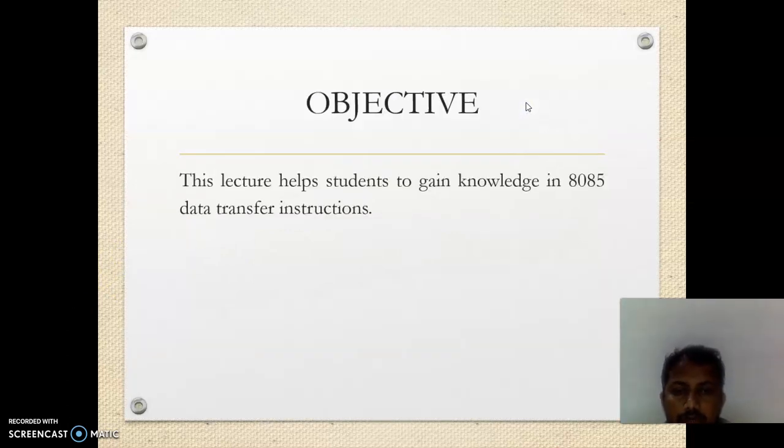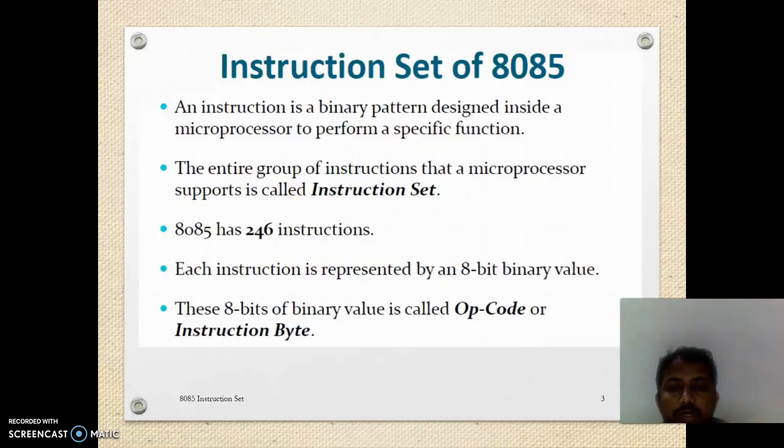The objective of this lecture is to help students gain knowledge of 8085 microprocessor data transfer instructions. First, the instruction set of 8085. What is said to be an instruction set? The entire group of instructions that a microprocessor supports is called an instruction set.